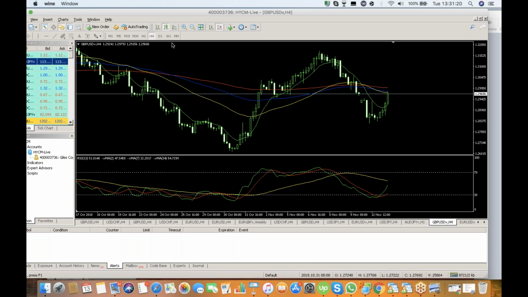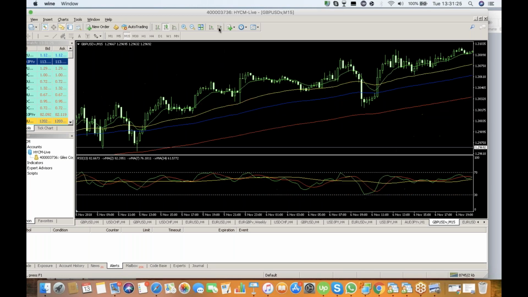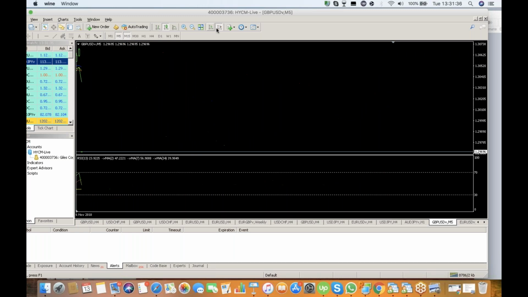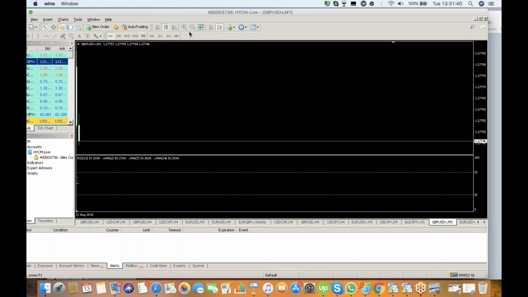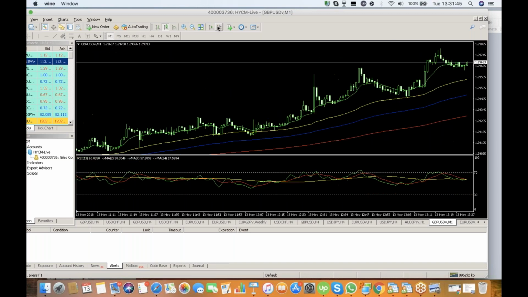So we saw the strength in the pound here. Okay, so it's around here where we start getting this positive outlook for the pound this morning. Okay, so we saw a few spikes. Let me just show you on the 1-minute chart so you can see these spikes.